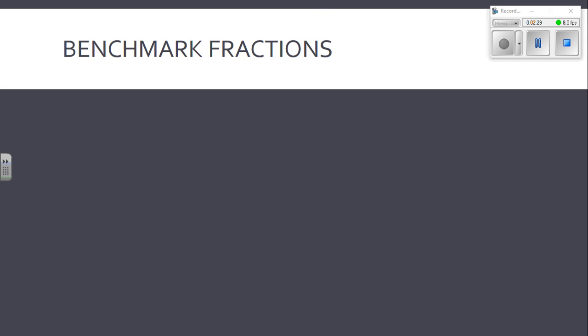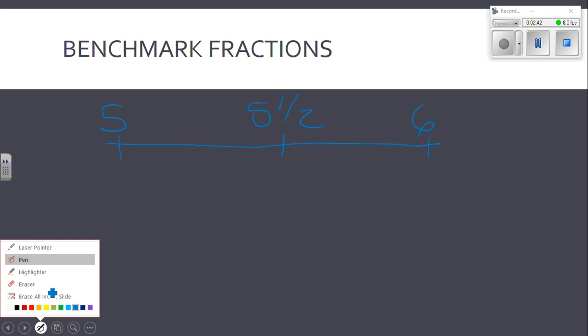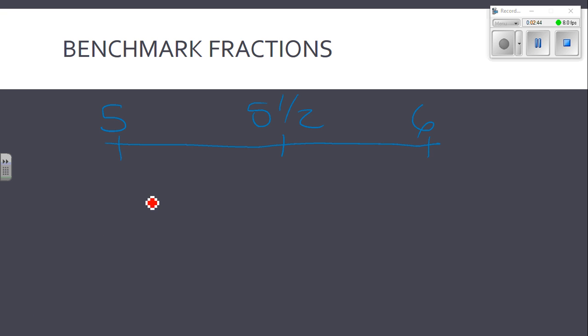Let's do 5, 5.5, 6. And let me change the colors back. Let's give a different color this time. 5 and 1/4. Now 5 and 1/4 is here.